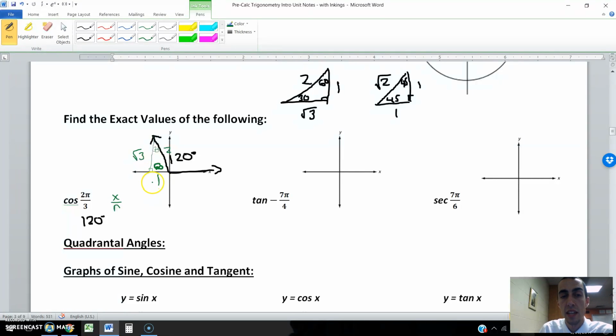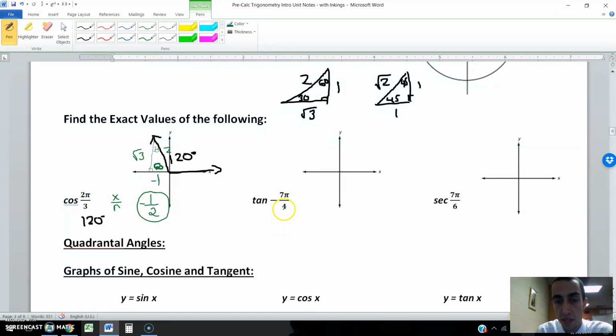When you go along the x-axis to the left, that value is going to be negative. This y value will be positive because we're going up that many units. Last, for these reference triangles, the hypotenuse is always positive, no matter whether we go up, down, left, or right. So for the cosine of 2 pi over 3, we take that x, which is negative 1, and then we put that over the r, which was 2. So the cosine of 2 pi over 3 is negative 1/2.